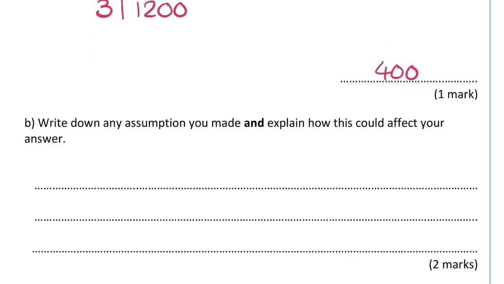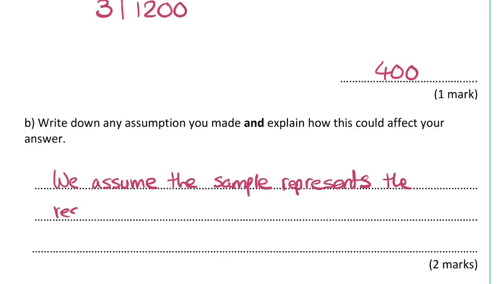This question says write down any assumption you made and explain how this could affect your answer. Well, we assume that the sample represents the rest of the people. Now, if the sample does not represent the rest of the people, then our answer could be higher or lower. So we'll just say that the sample represents the rest of the students.